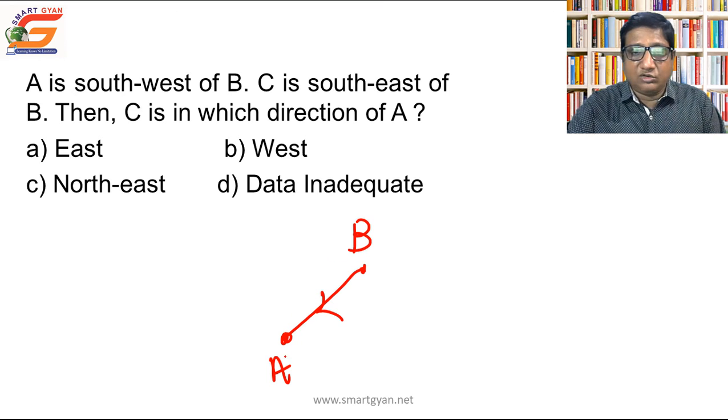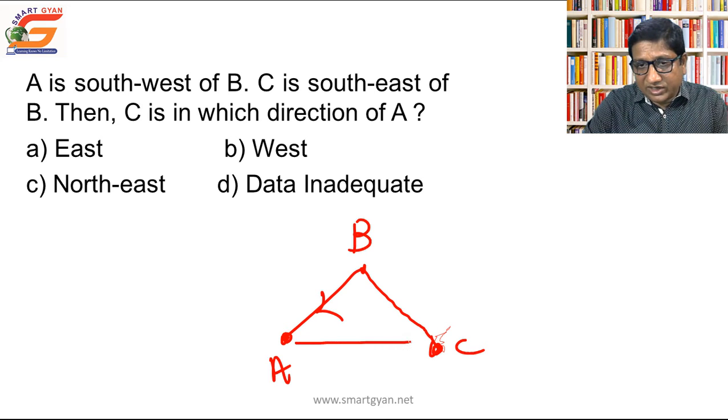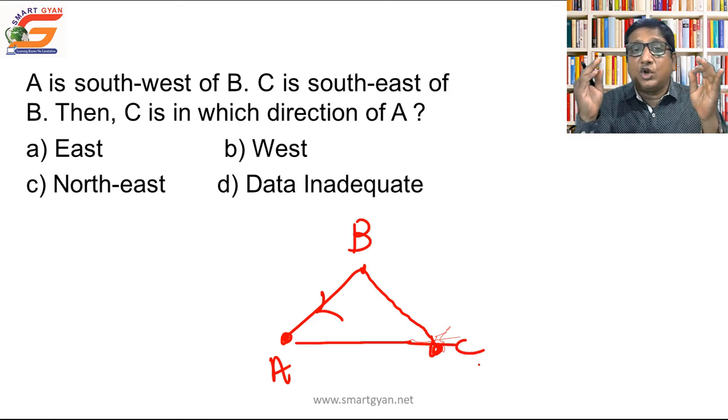When it is given that A is southwest of B, this is the point where A is, and then C is southeast of B. What students generally do is take C and place it at a point in the same horizontal line as A, meaning A and C are in the same line. But this is a wrong logical deduction. Why?